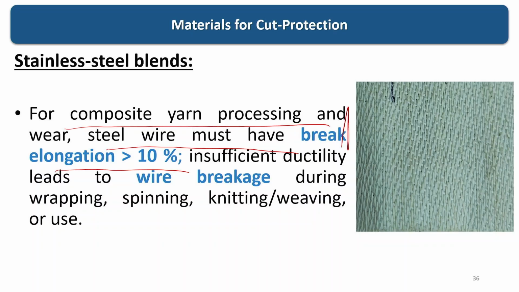that means the inner core will break, which will cause a problem during the wrapping, spinning or knitting process. Okay. So for that we have to have higher elongation.